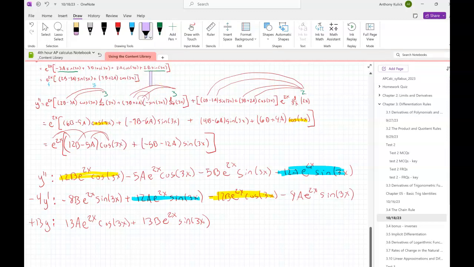Then I have negative 5a e to the 2x cosine 3x. And, oops, this was supposed to be a cosine here. And a negative 8a e to the 2x cosine 3x. So that's negative 13a e to the 2x cosine 3x, and a positive 13a e to the 2x cosine 3x.